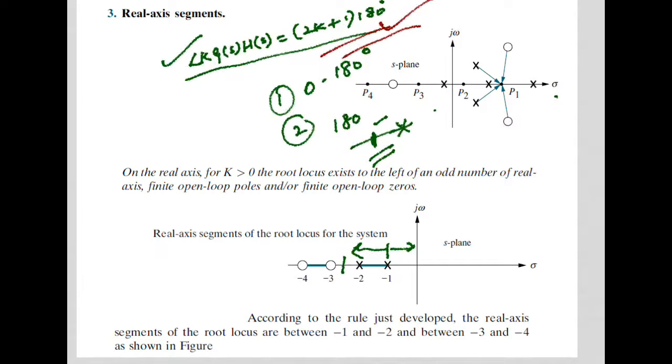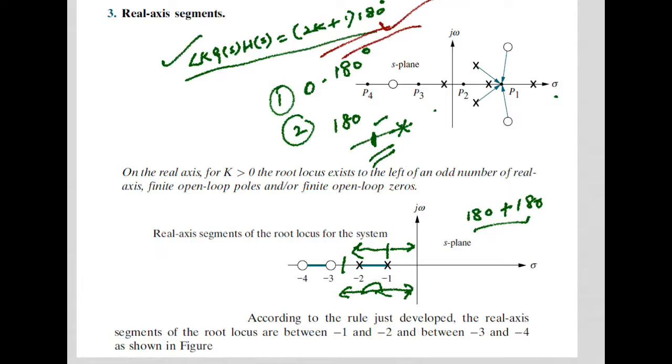Again, the angular contribution of the second pole is also 180 degrees from this to this, because we have this point and this. So the angular contribution in this case is also 180 degrees.